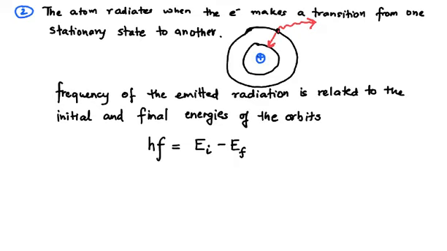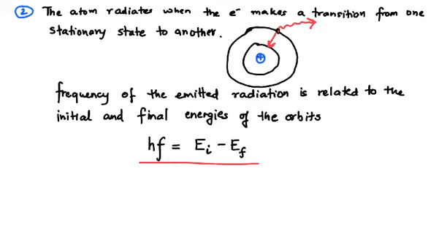This second assumption, which is equivalent to energy conservation with the emission of a photon, is crucial because it deviated from classical theory, which requires the frequency of radiation to be that of the motion of the charged particle. So let's forget about that, and this will be our equation for frequency if there is any transition taking place.